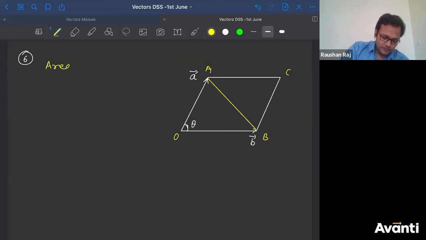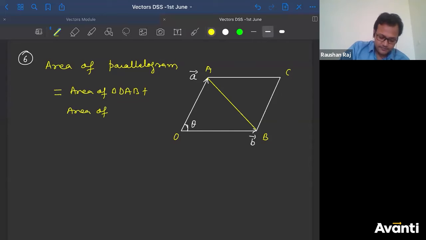What is the area of parallelogram? In this case, what is the area of parallelogram? Can I say that this area of parallelogram is nothing but area of triangle OAB plus area of triangle ACB or CAB, कुछ भी लिख सकता हूं.